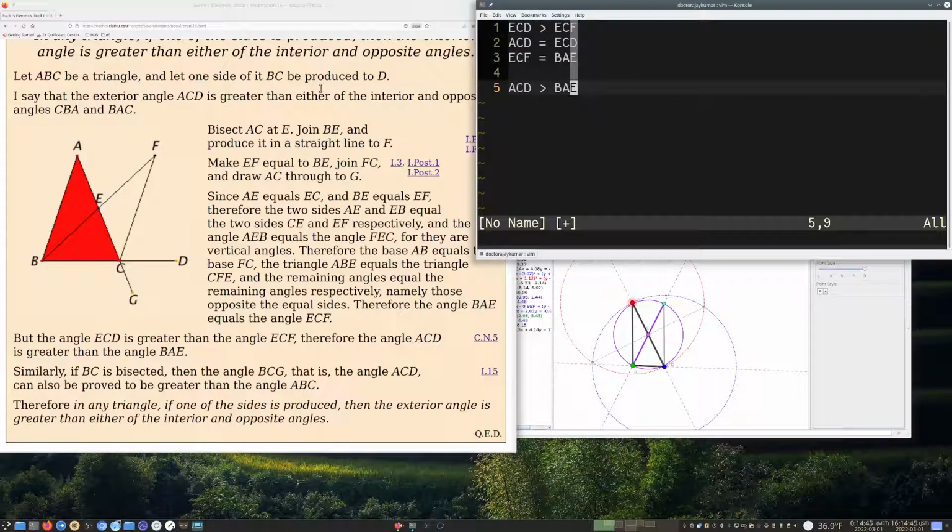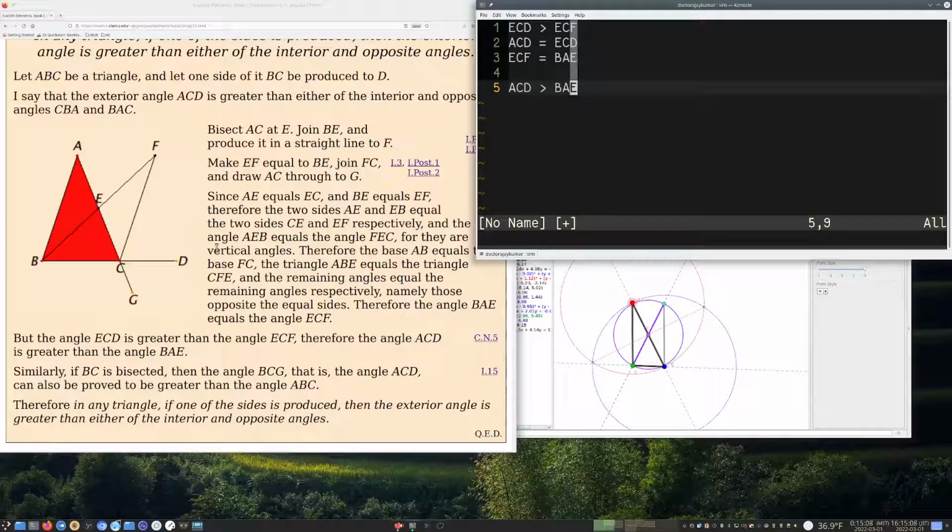Okay. Similarly, if BC is bisected, then the angle BCG, right, that is ACD because they're vertical angles. So BCG, ACD, they're vertical angles, can also be proved to be greater than the angle ABC.